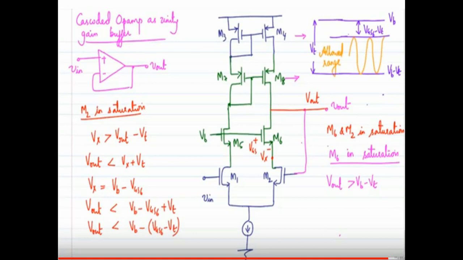So generally cascode or telescopic op-amps are not preferred as unity gain buffers.